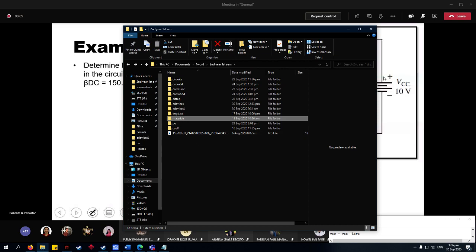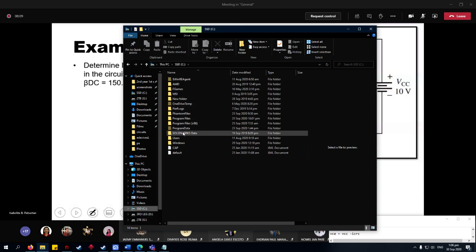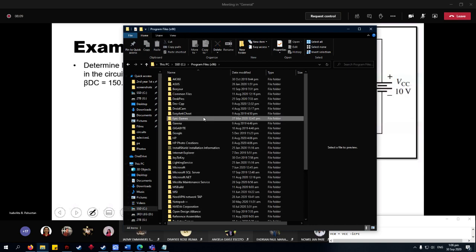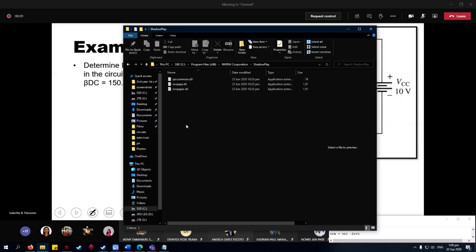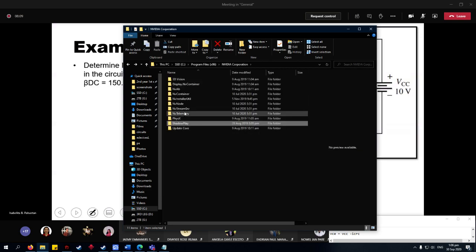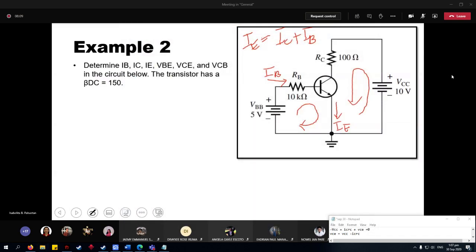You know the formula that IE is equal to IC plus IB. So, your IB will be here, and then your IC will be here, in this direction.